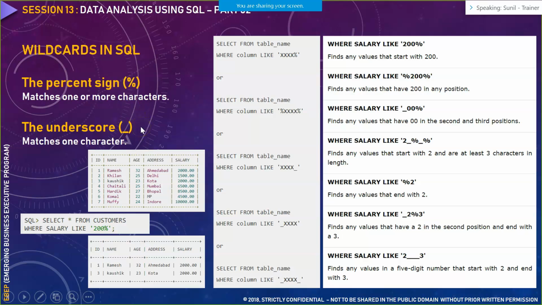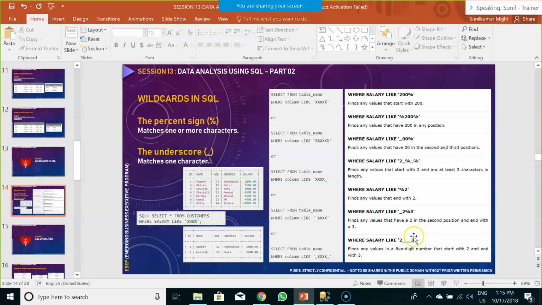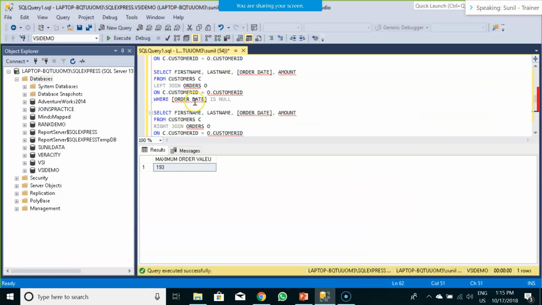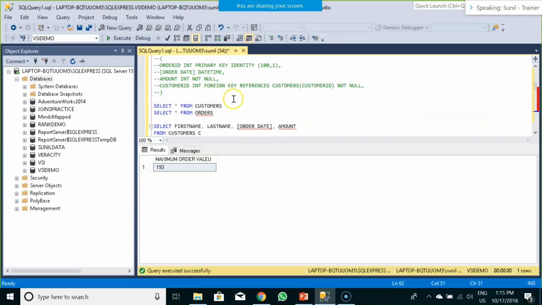So when we are unsure about certain names or certain information, and we know that it starts from this letter or it ends with this letter or it has something in between, in those scenarios we would be using wildcard characters. For example, if I fire my customer table over here, I have some customer names.